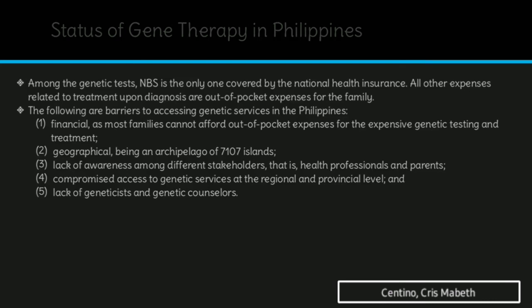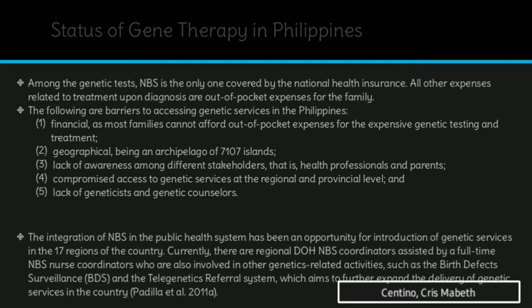Second, geographical, being an archipelago of 7,107 islands. Third, lack of awareness among different stakeholders, that is, health professionals and parents. Fourth, compromised access to genetic service at the regional and provincial level. And lastly, lack of geneticists and genetic counselors.